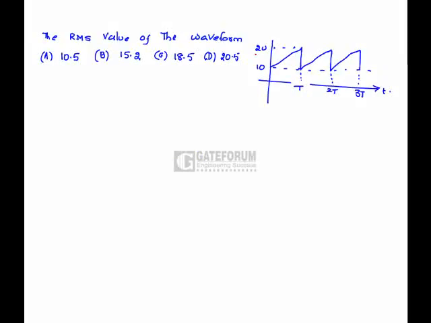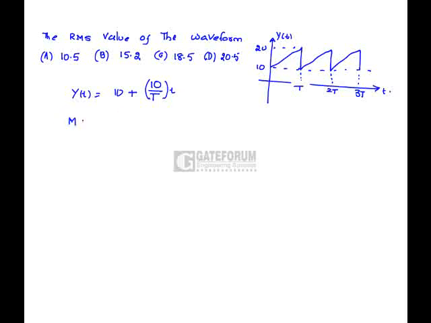Here we need to find the RMS value of the given waveform. This is y of t. First of all, write the equation for y of t, that is 10 plus 10 by T into t. This is the equation for the signal y of t.